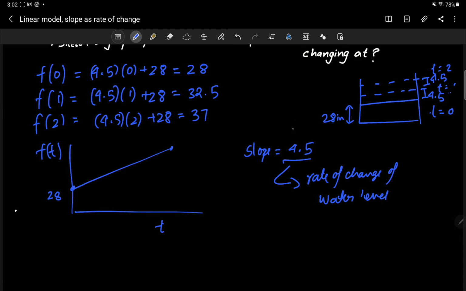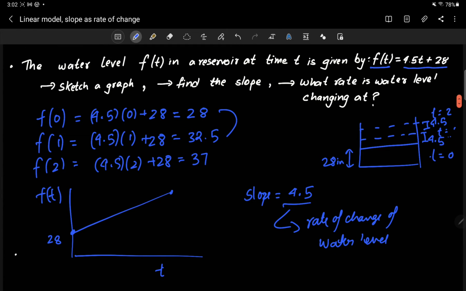And you can already see that going from 28 to 32.5 is a plus 4.5. Going from 32.5 to 37 is another plus 4.5. So each time the water level is increasing by 4.5, and that is because it is precisely the slope.